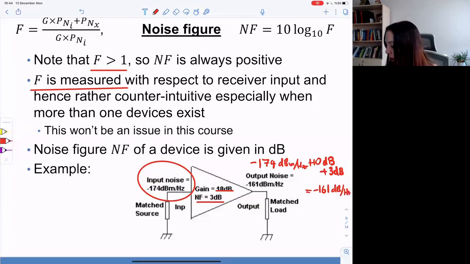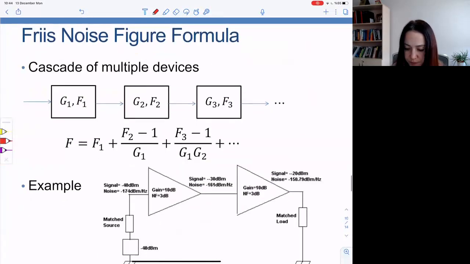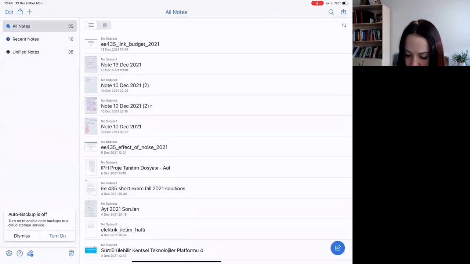Now you may ask why, so let's do some computations. First of all, let me open up a notepad, okay, and let's worry about what is going on here.